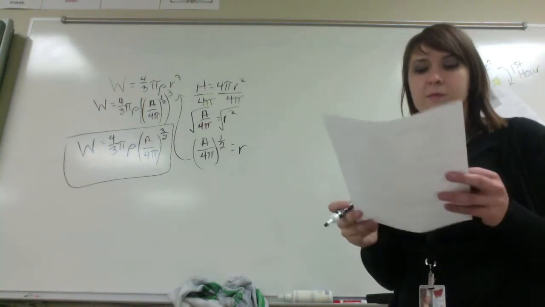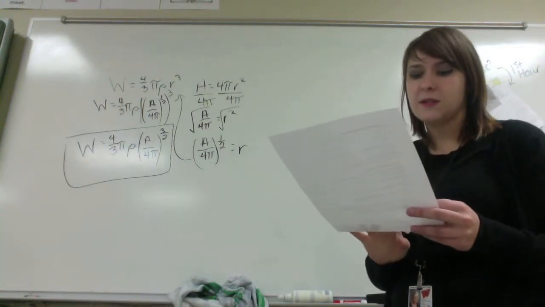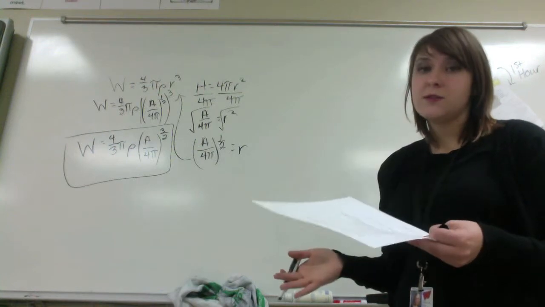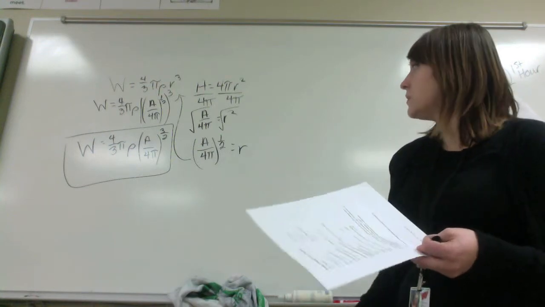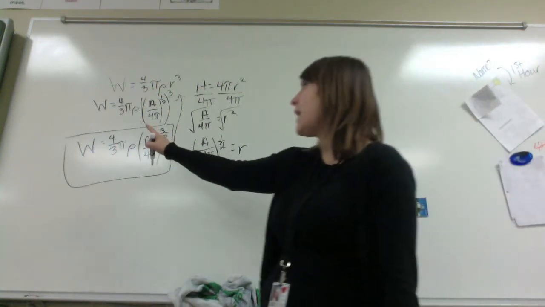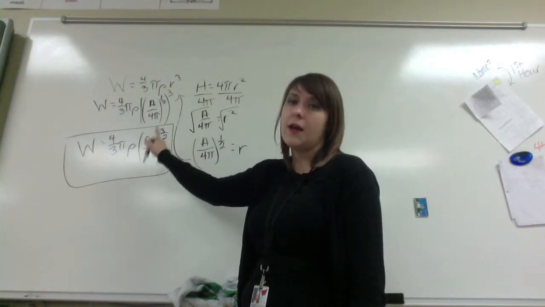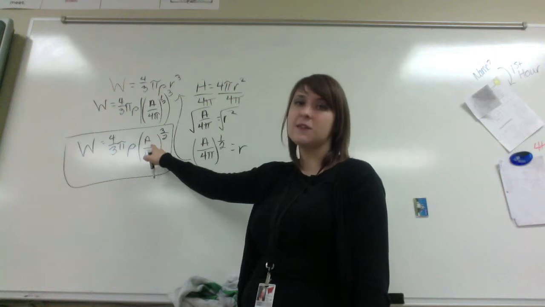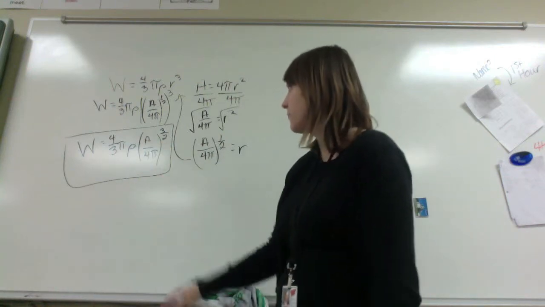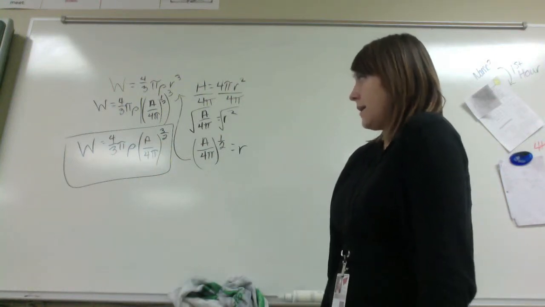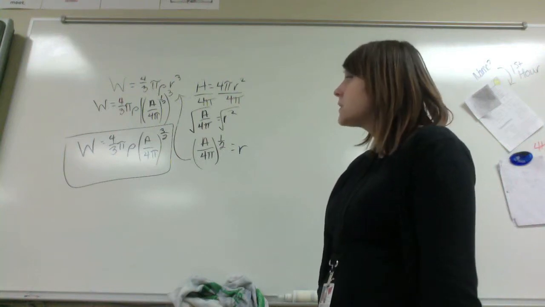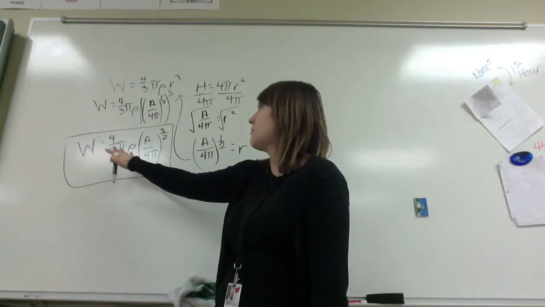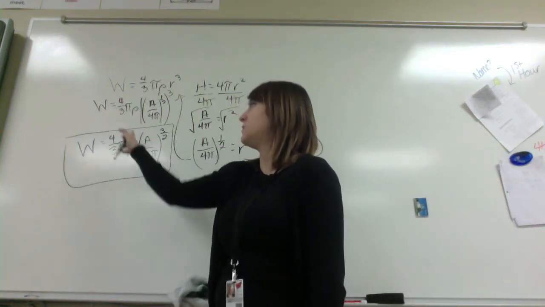Okay, the next part says express a bearing's surface area A in terms of its weight W. So now I want A by itself and I want it to be in terms of W. So basically what I'm doing is taking this equation here and solving it for A. All right, so the first thing I'm going to do is divide by all this business here.